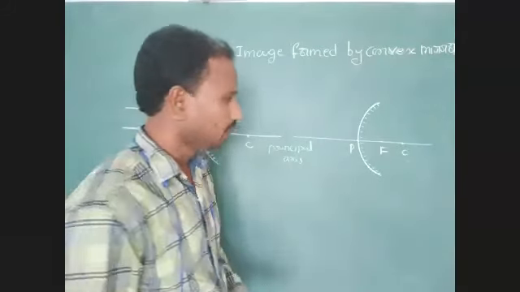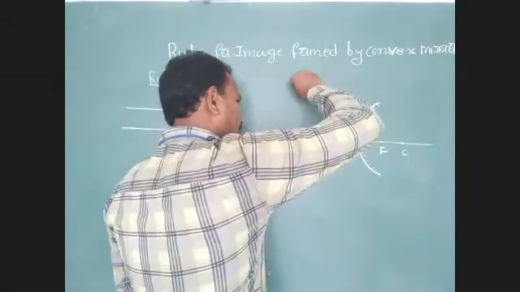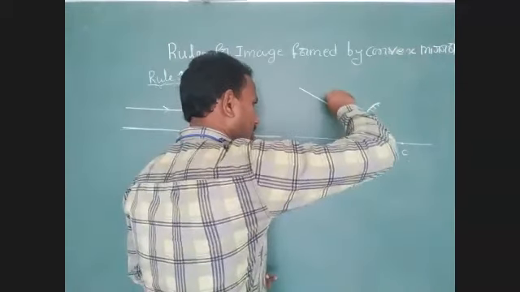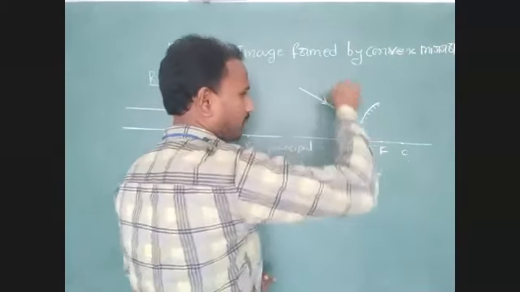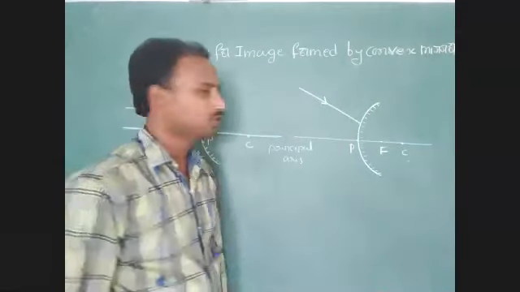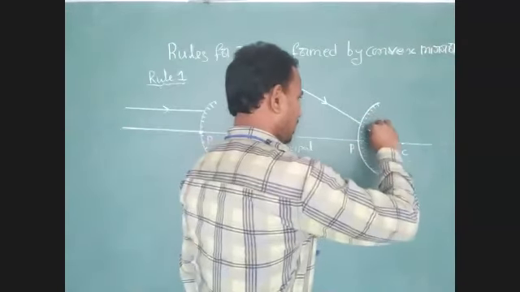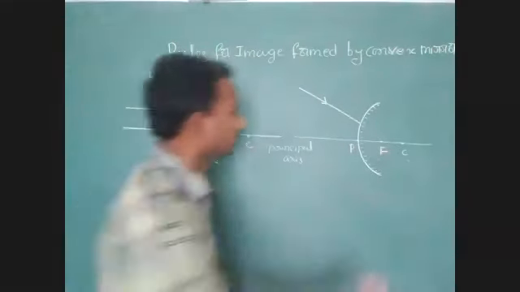But here the ray of light would be passing through the principal focus if there is no convex mirror.